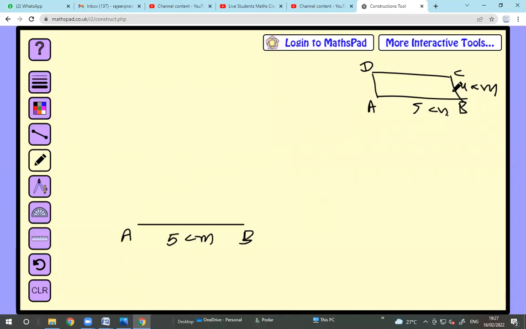No. Now we know that at the point B or any point, the angle is 90. So we can make an angle 90 at the point B, but not using a protector, making it using a compass.